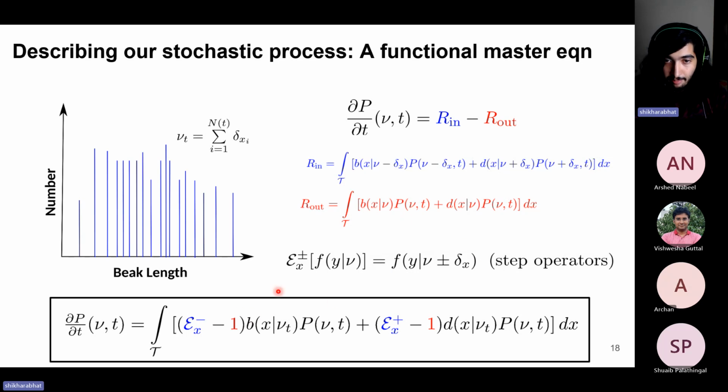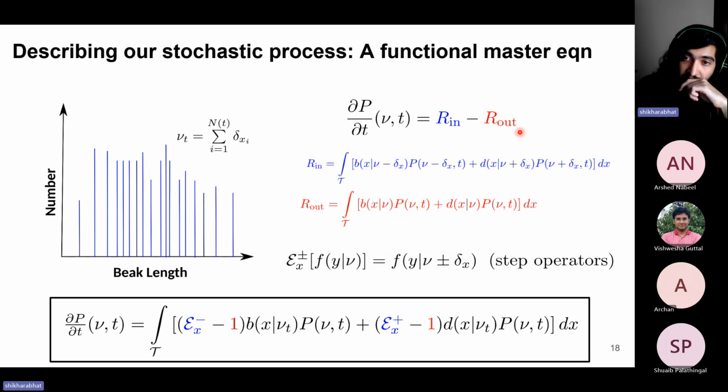So Ex minus BP, B of x P nu is B of x at nu minus delta x, P of nu minus delta x, minus B of x given nu, P of nu given t, which is from the outflow, which I've just written as 1 because I've taken out the B comma P.